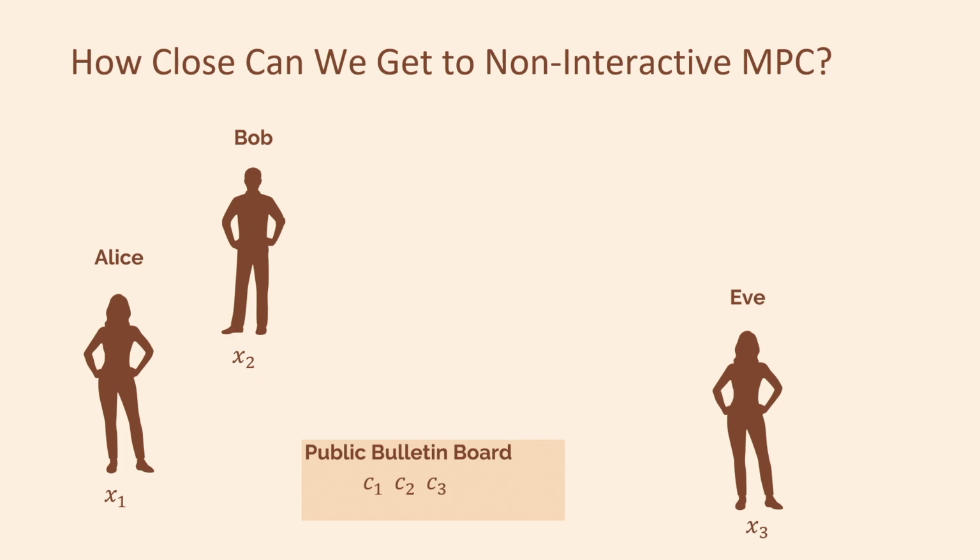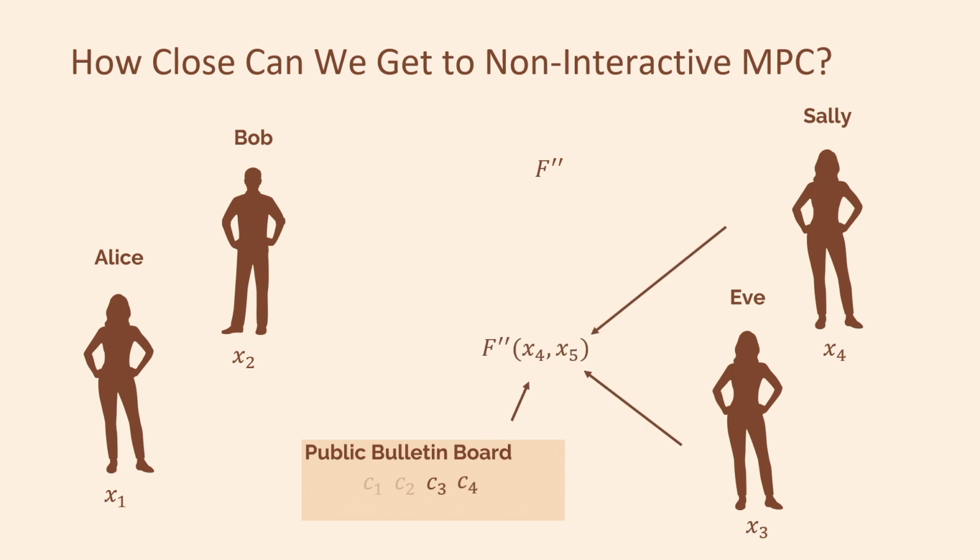Finally, the system is going to allow parties to join at any time simply by publishing non-interactive commitments to their inputs. As soon as they've done this, they can participate in any subsequent function evaluation phases. Additionally, these function evaluation phases can take place with respect to a subset of parties. And the parties that aren't participating don't have to communicate at all for these phases to work.